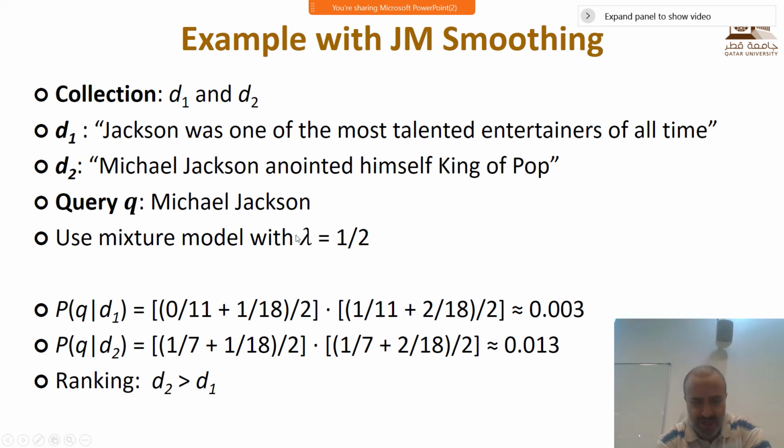Okay, so what you want to do is to compute the probability of generating the query given the document, given the language model of the document. Here we assume, maybe we heard Muhammad talking about it, lambda equals half. We want to rank them, so we need to estimate the probability of the query given each of them. So what we will do is compute the probability of every query term given the document. Can someone justify why we have these numbers here?